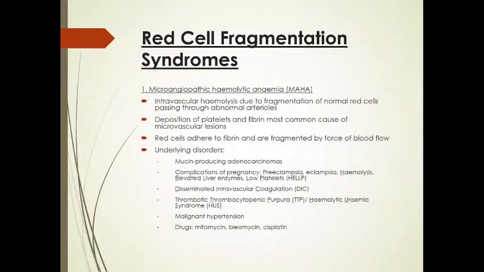Patients who have DIC. You'll talk about your DIC in hemostasis later this year, but basically it's a consumptive coagulopathy, and we form these little microclots even in the smaller vessels, and you can get hemolysis as the red cells are pushed through these vessels and they're just shredded by those fibrin strands.